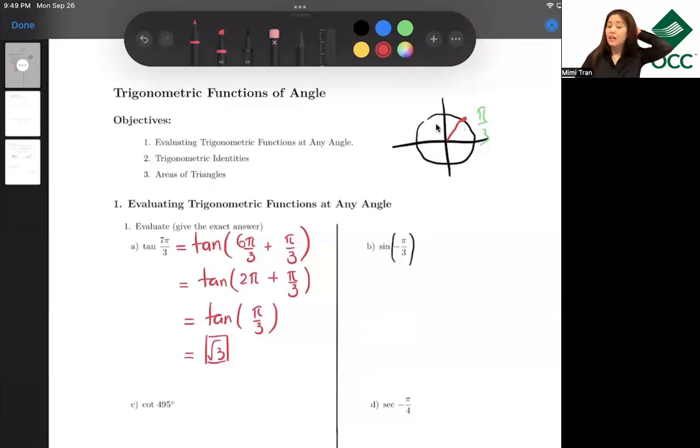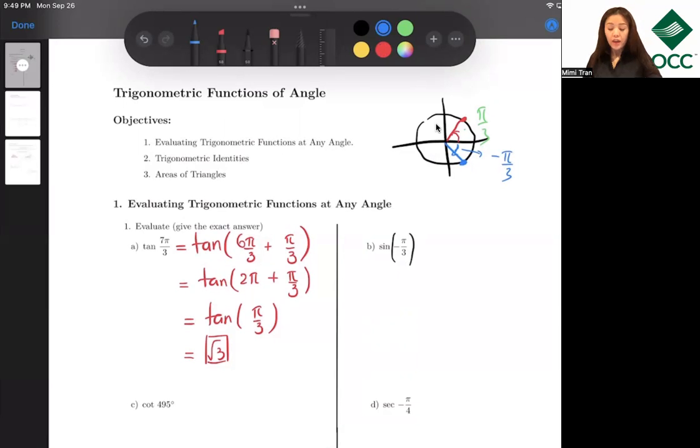You go counterclockwise to get to that angle. If it's a negative angle, you go clockwise. So instead of going like that, you go back like this. So this will be negative pi over 3. The angle would be negative pi over 3.